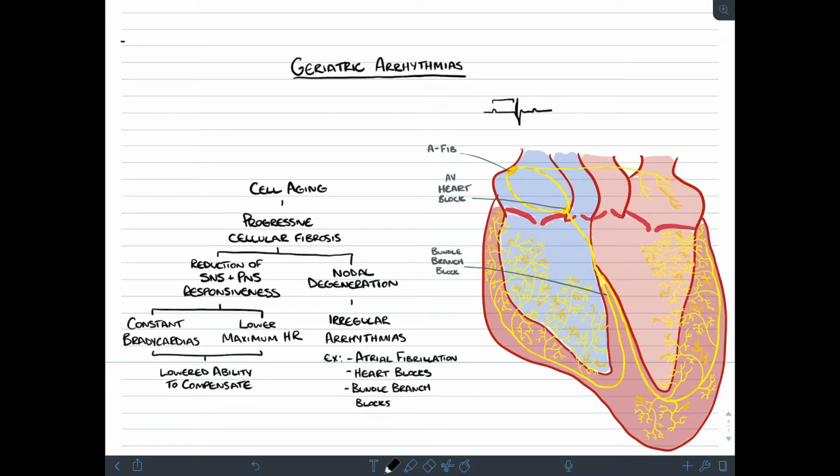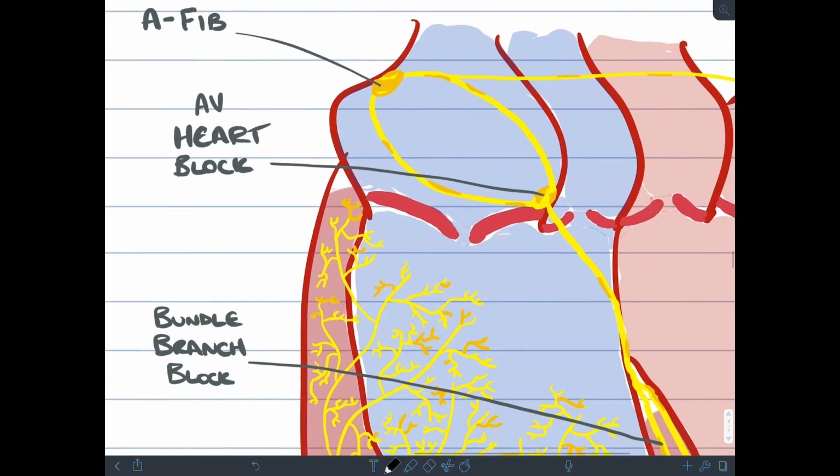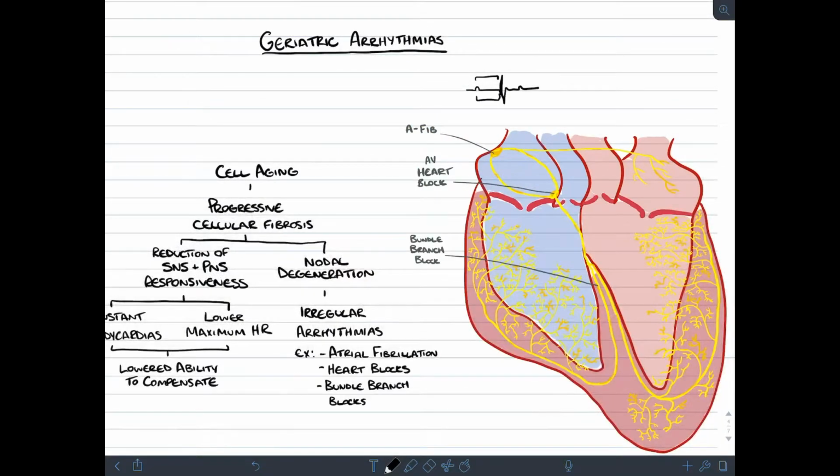That occurs because it's having a harder time transmitting the signal out past the AV node, and so our PR segment is increasing. The PR interval is also increasing, but it's really the segment we're looking at. The P wave doesn't change too much. It does widen slightly depending on where the block originated, but AV nodal heart blocks are really about the PR segment increasing.